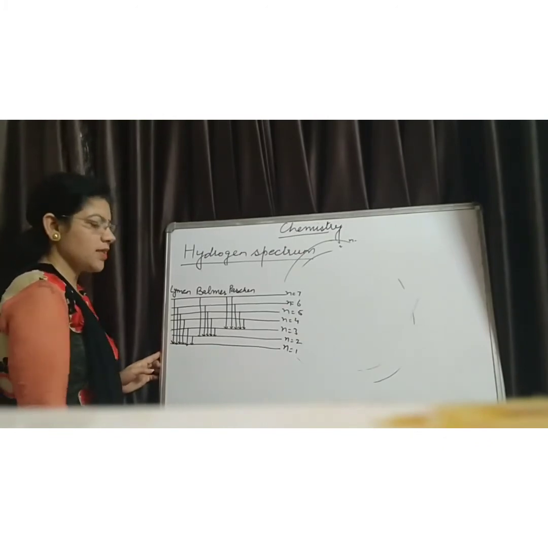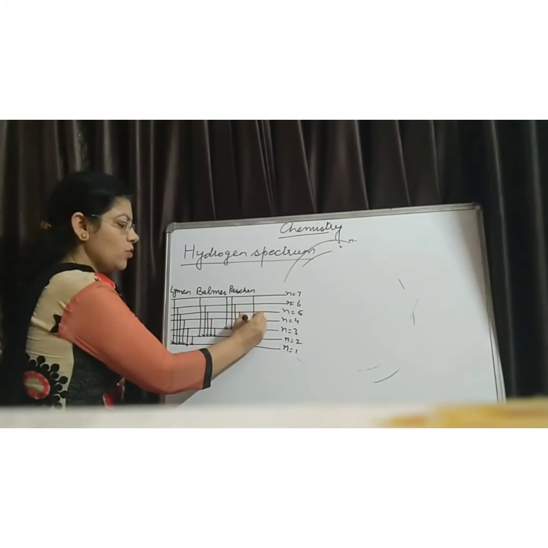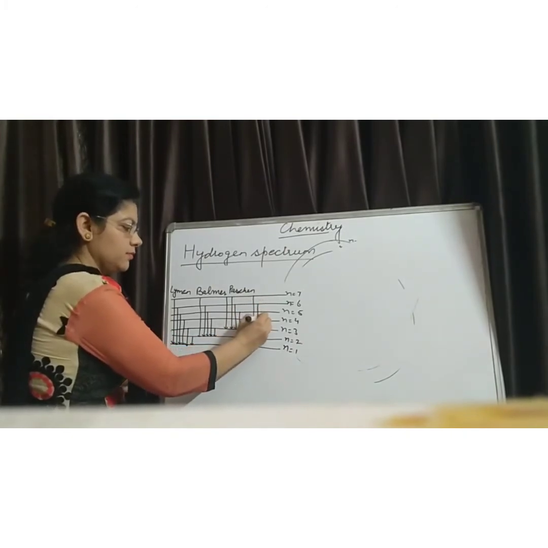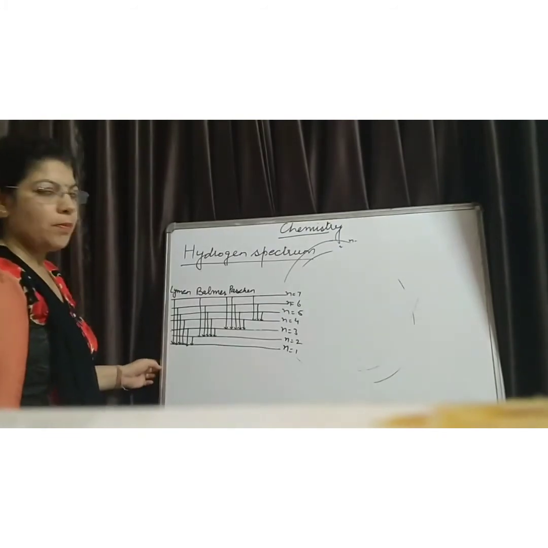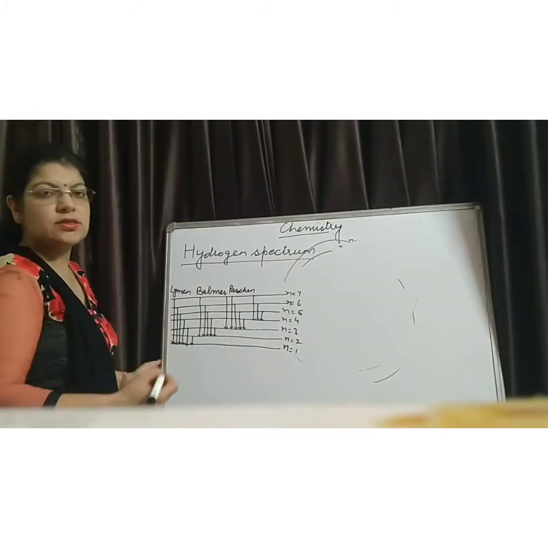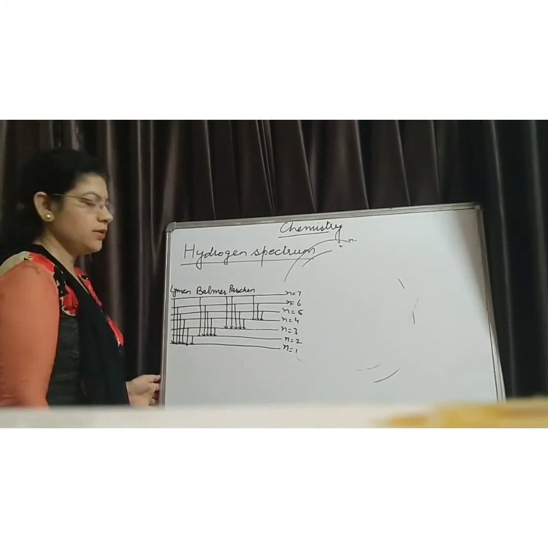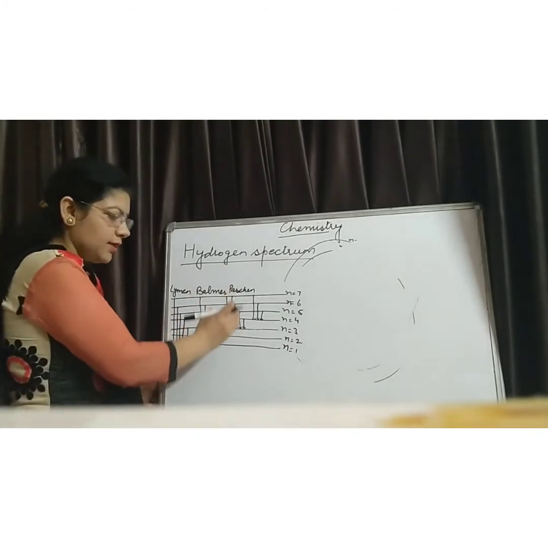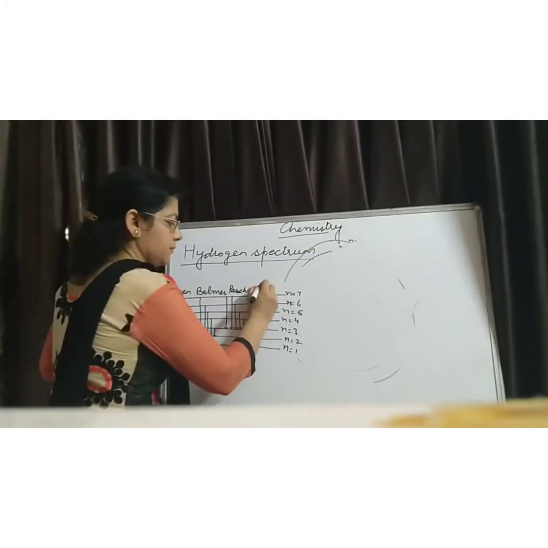Similarly, when the excited electron jumps into the fourth shell, then a different series is obtained, with different lines or energies. That series is known as the Brackett series.